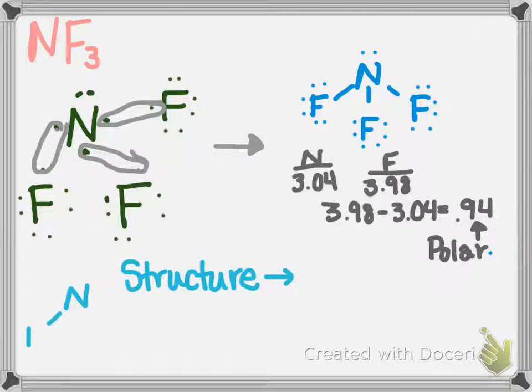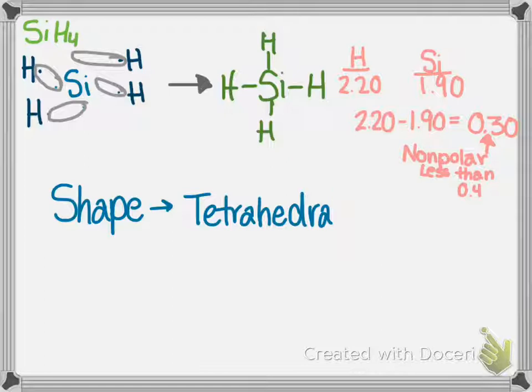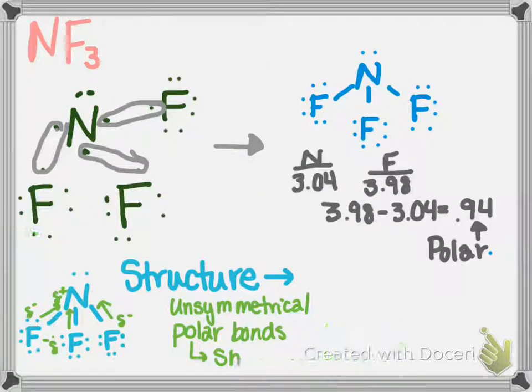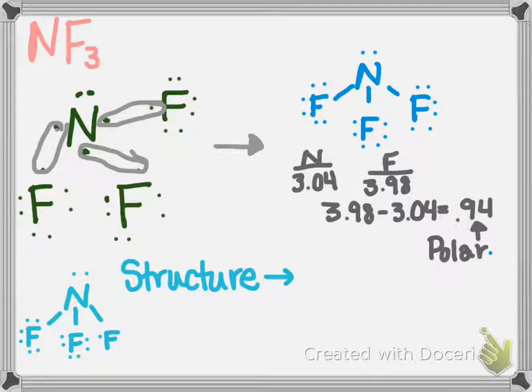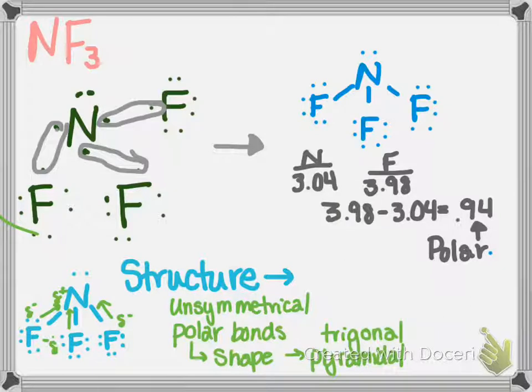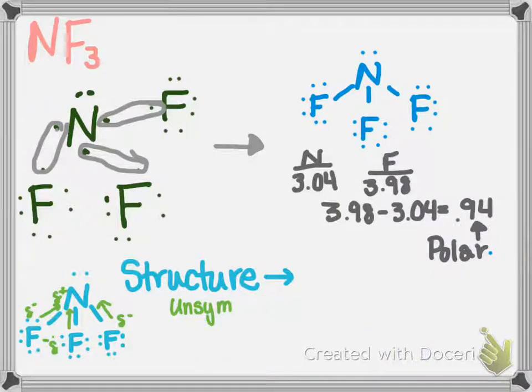So we have to look at the structure. We got to look at the shape. First off, I'm going to draw how my polarity would look, okay? So I draw out my structure again, all right? And I'm going to show the direction of my electronegativity. So fluorine is more electronegative than nitrogen, okay?